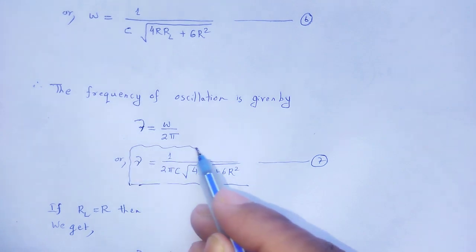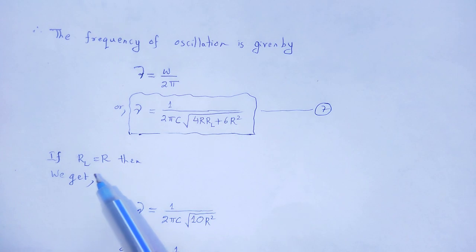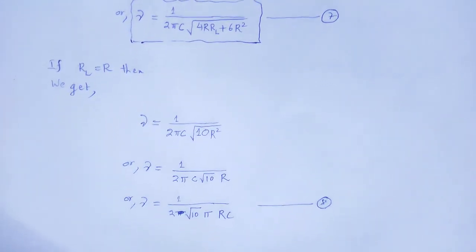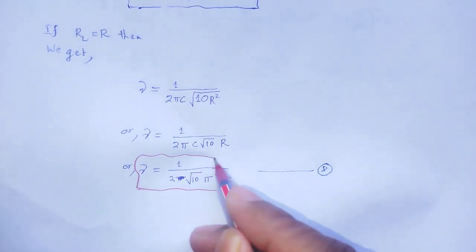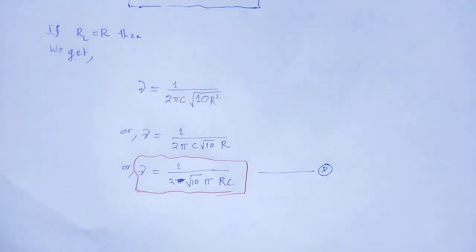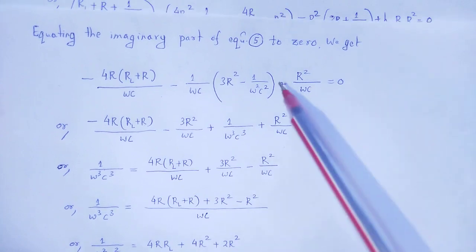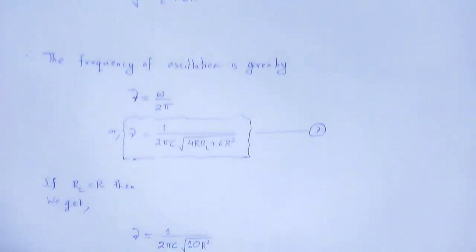For sustained oscillation, we put RL equal to R. Then that expression is changed to the frequency equal to that much. Here the frequency is obtained by taking equation number 5 and equating the imaginary parts.